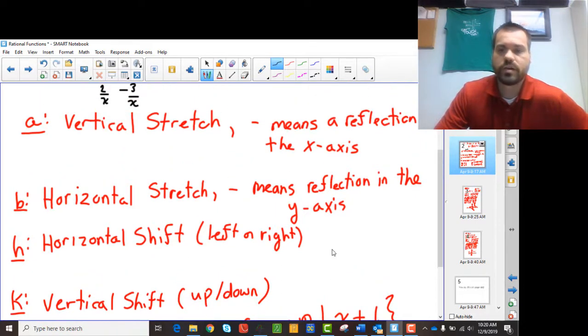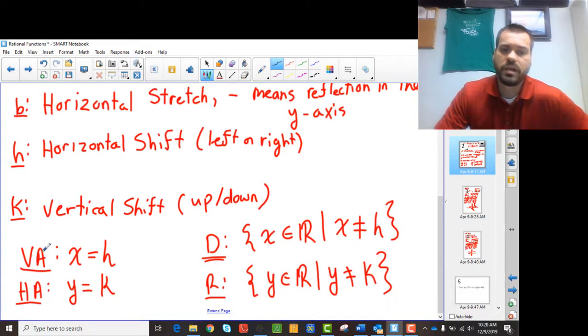So what does this all mean in terms of the effect on the horizontal asymptote, the vertical asymptote, the domain, and the range? How does that change those things? It changes the vertical asymptote from x equals 0 to x equals h, and the horizontal asymptote to y equals k.